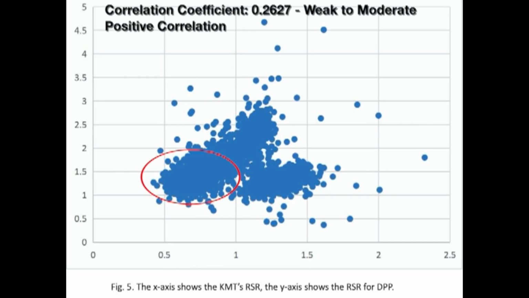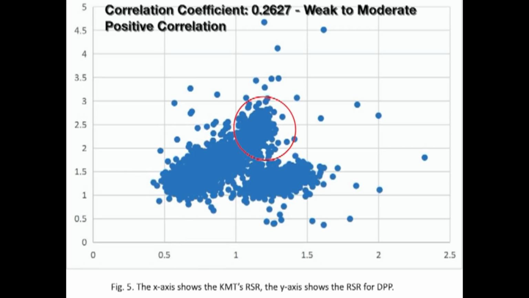Now in the larger group of dots to the left, most of it on the x-axis, which is to the left of the 1, is also between 1 and 2 on the y-axis for the DPP. This would indicate that there were ballots being stolen from the KMT, and there were also ballots being added to the DPP at the same time.